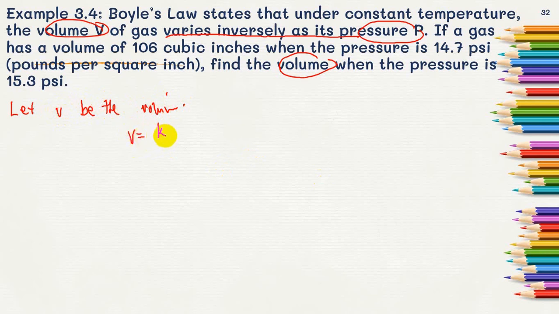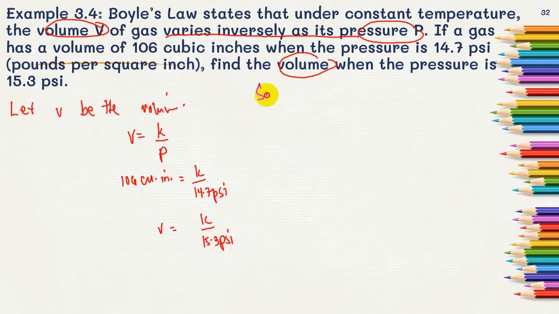V will be equal to K over the pressure. Then the next thing, let's form the first equation. The first equation, the volume is 106 cubic inches is equal to K over 14.7 psi. Then for the second one, we have the volume, which is unknown, equals K over the pressure, 15.3 psi.